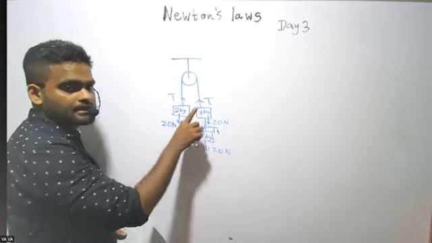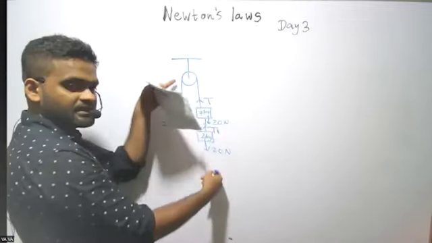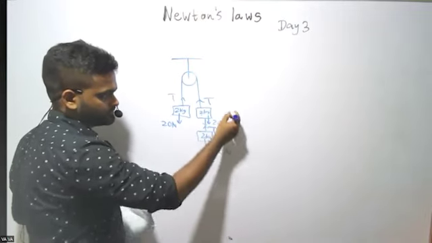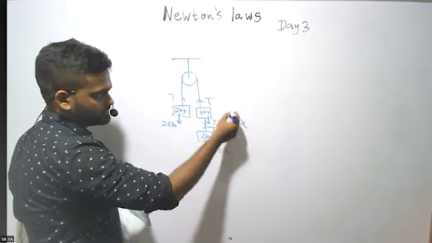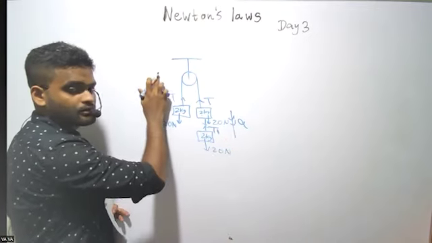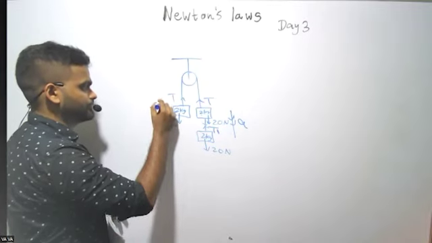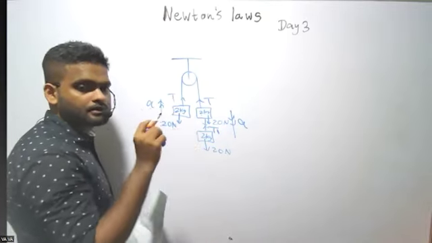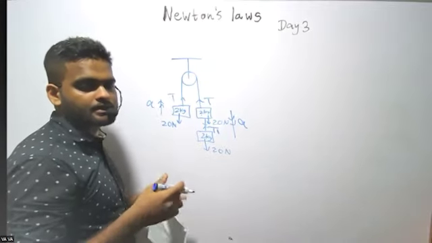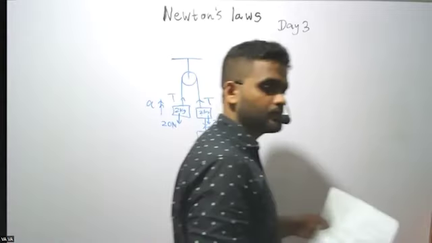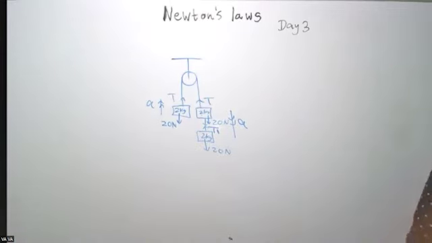It is clear that this whole system accelerates to this side, downwards, because this part is heavier. Let's say it accelerates downward at a. Then this goes up at a. Then you just have to apply F equals ma to each part, and then you can find T1.